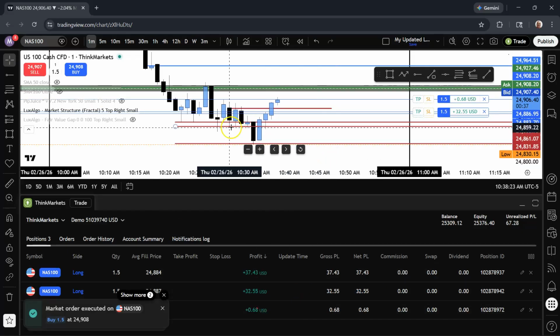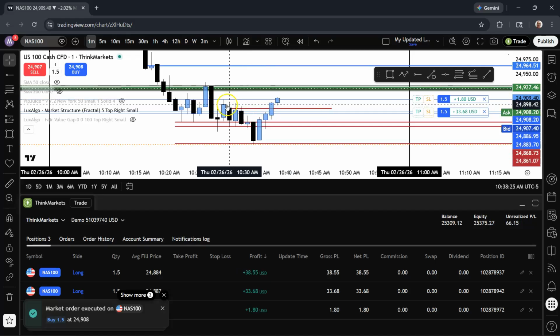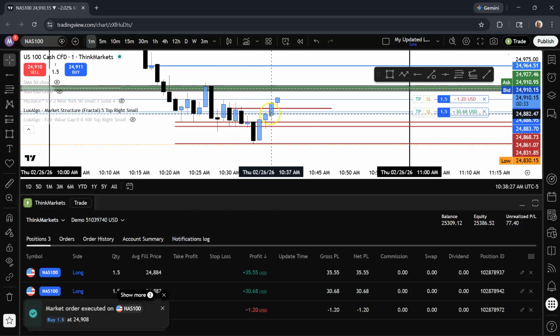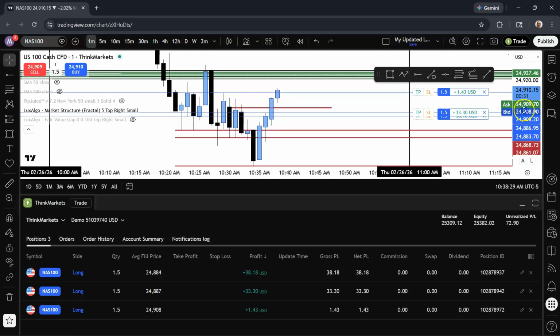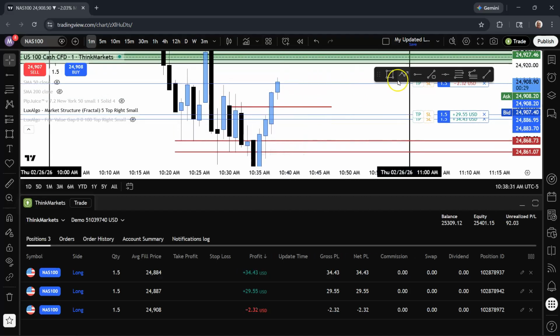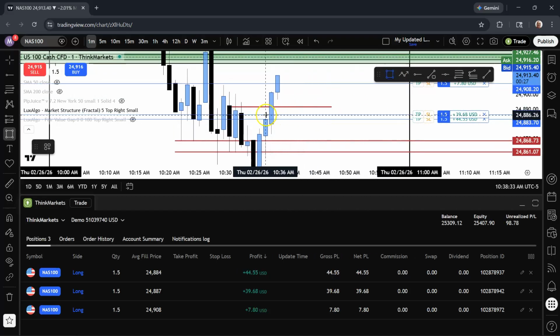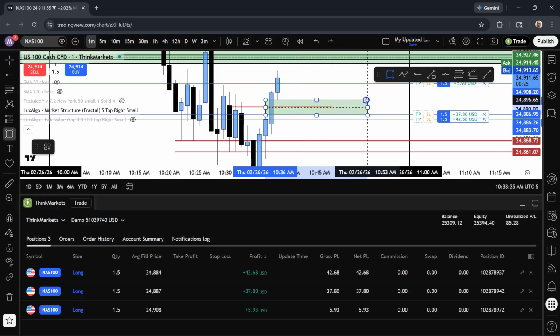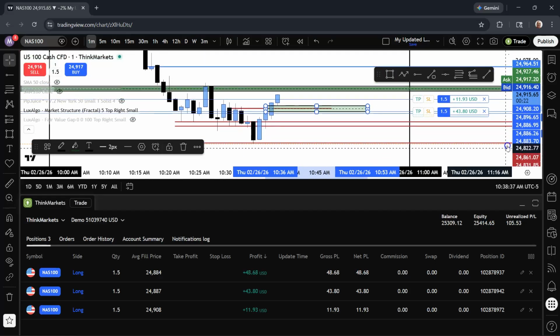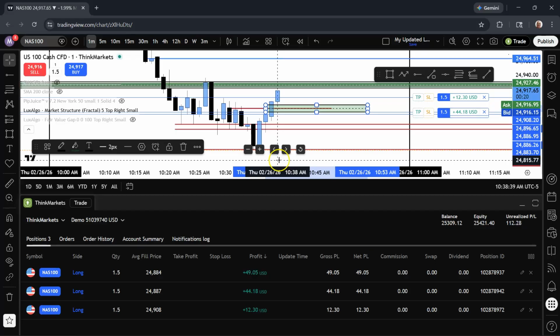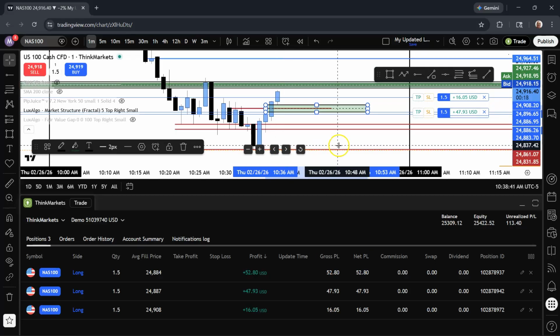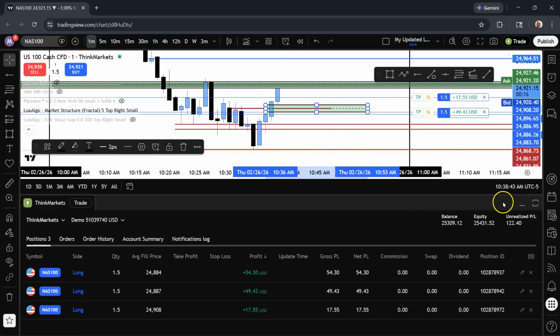I'm in for another trade because it actually broke that area and it created a fair value gap, so it's got to come back and fill this gap. All right. But I'm golden.